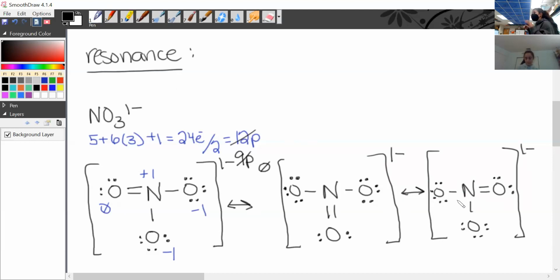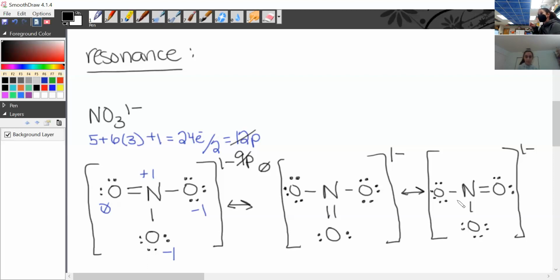It turns out that when we look at this molecule under a microscope, there is not 1 short double bond and 2 long single bonds. That's not what we see. We see 3 identical bonds that are about like a bond and a third. They're shorter than a single bond, but not as short as a double bond.